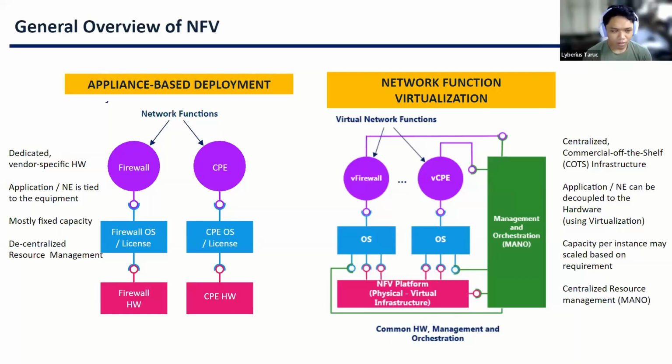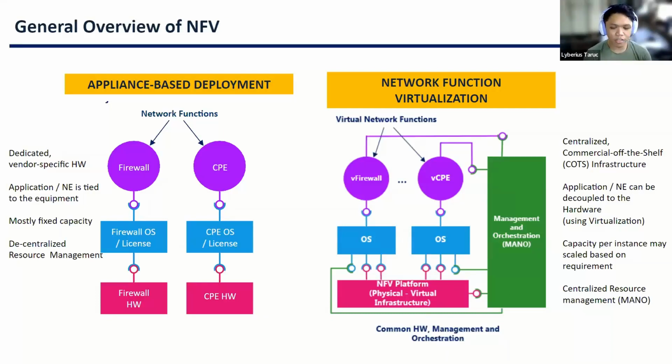Back then, whenever we wanted to deploy a firewall service, we had to purchase the entire functionality, hardware, software, even licenses, from only one specific vendor, or one specific OEM or supplier.